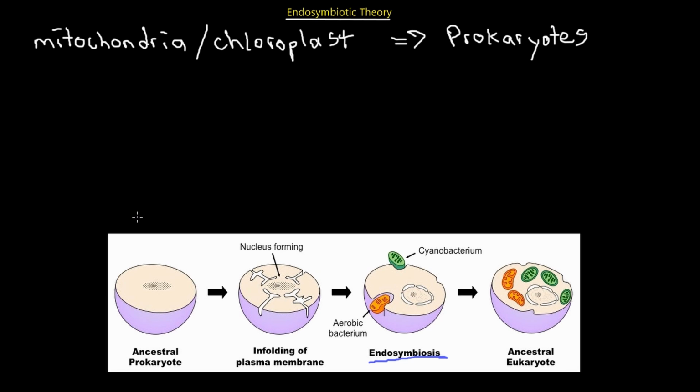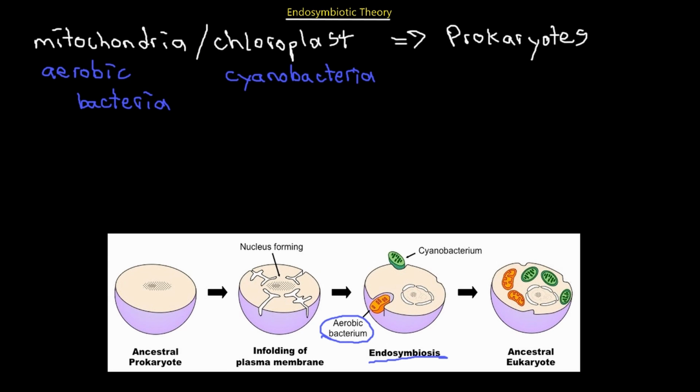Basically, it is believed the mitochondria are descended from aerobic bacteria, and chloroplasts come from cyanobacteria. So the most important thing to understand about this theory is that mitochondria and chloroplasts did not originally begin within our animal and plant cells.